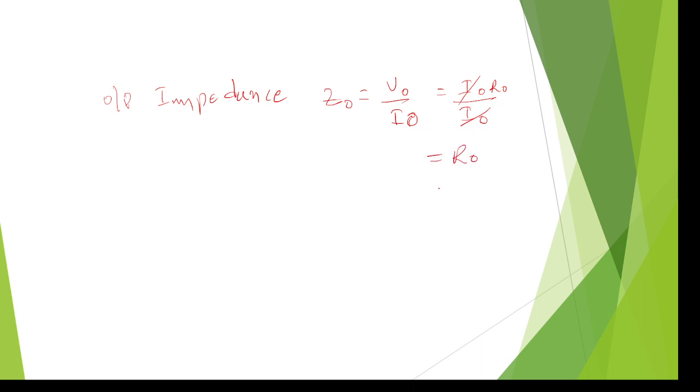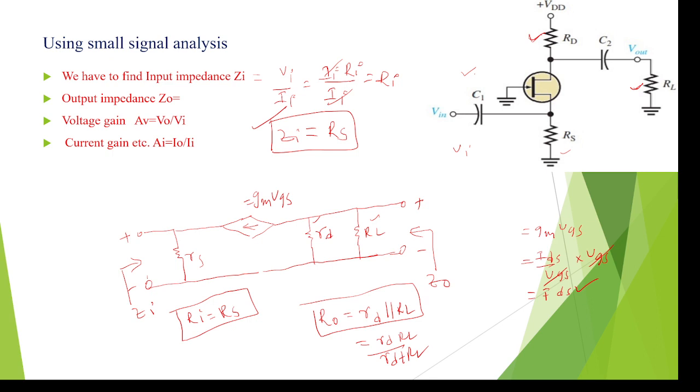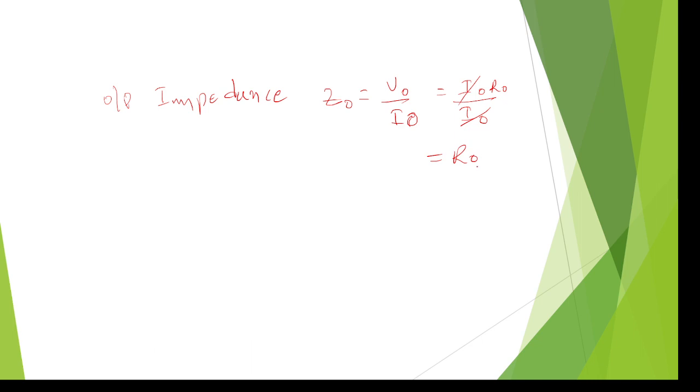Coming to the output impedance, Zo equals output voltage by output current Io. Vo equals Io into Ro, divided by Io. Io cancels and the remaining is Ro. But Ro we already calculated is RD parallel to RL, the output resistance. Therefore this is equal to RD parallel to RL. So this is the output impedance.